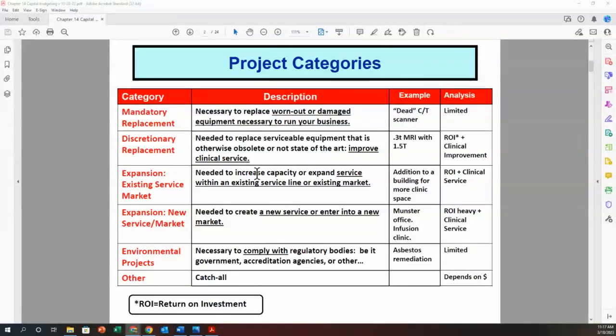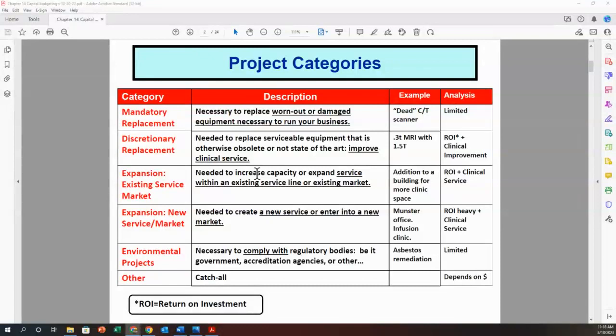But we replaced our 0.3s with 1.5s to improve clinical quality. So you couldn't really make a return on investment case on it. But not everything is return on investment, as we're going to learn.